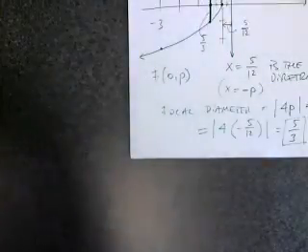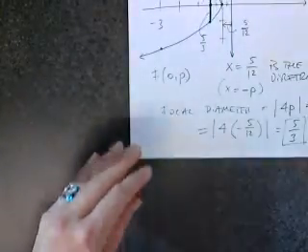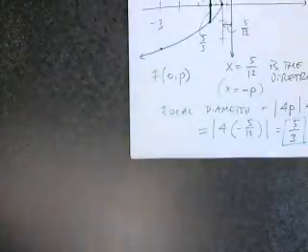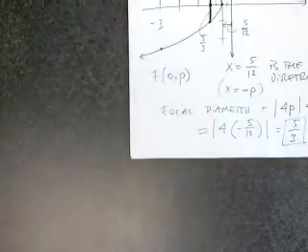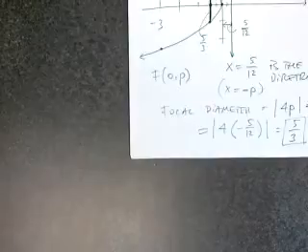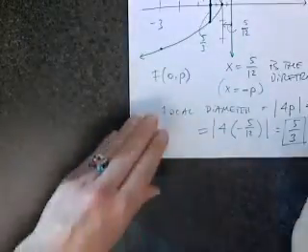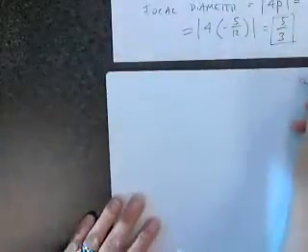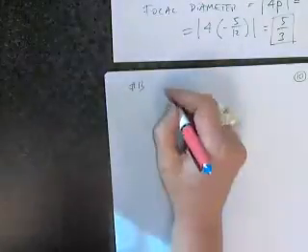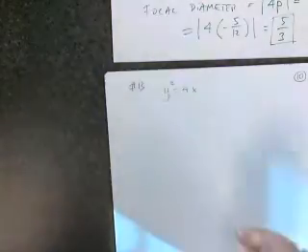Maybe we should choose one more, because I like to show with nicer numbers. Yeah, let's look at 13. So 13, y squared equals 4x.